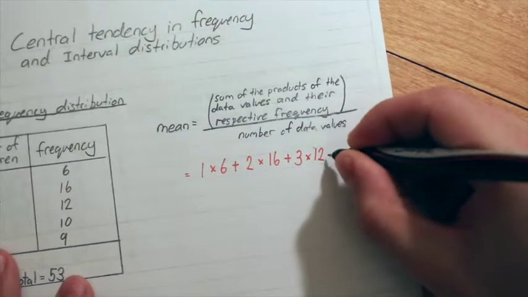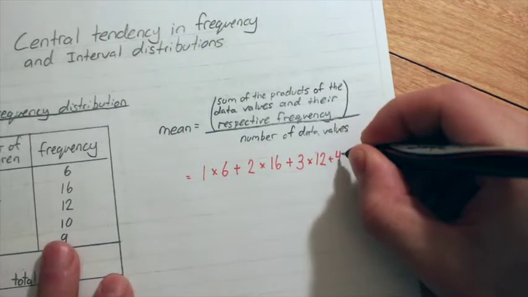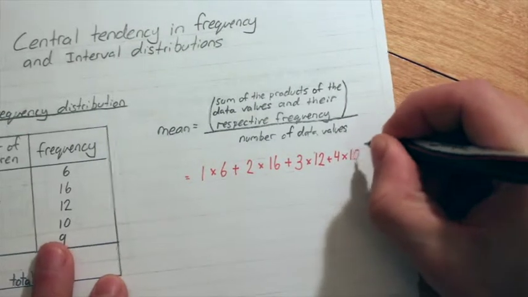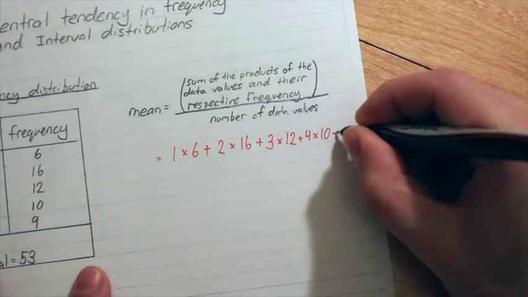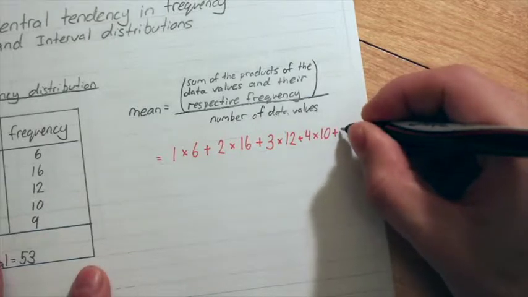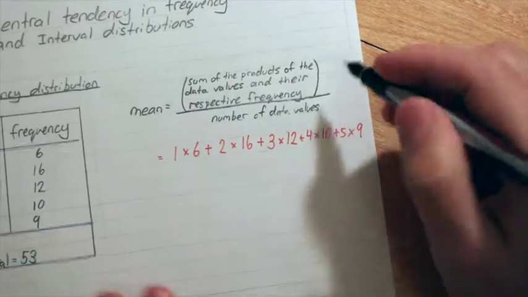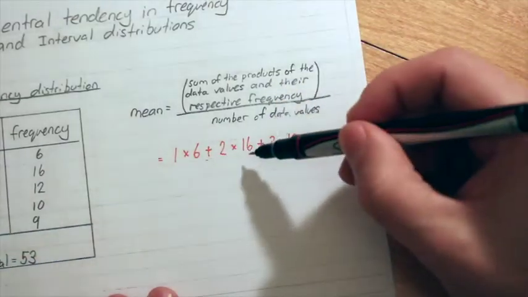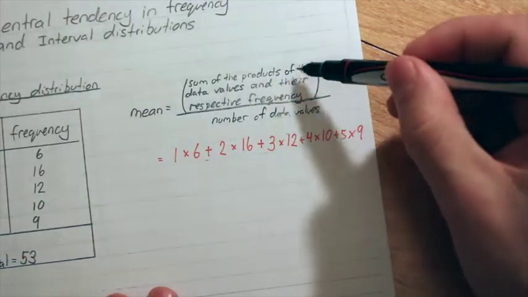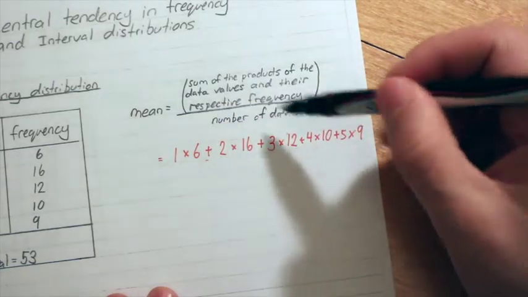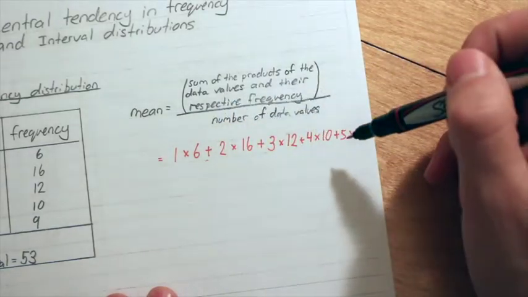And so on. 4 appears 10 times. And then 5, we're going to add, appears 9 times. So this is the sum. We're adding up the products of the data values and their respective frequencies.